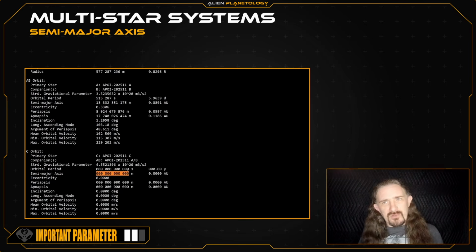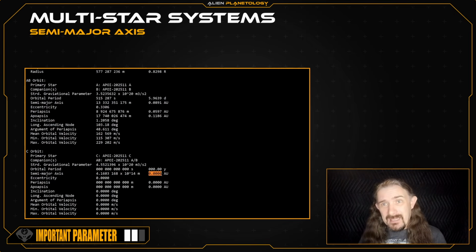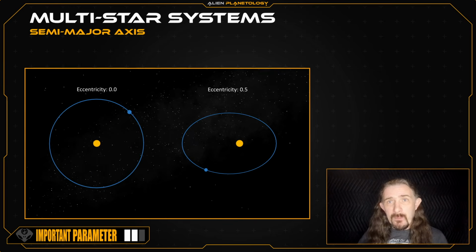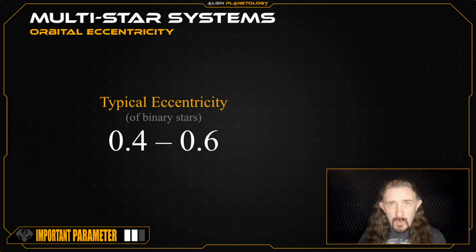I'm going to give my third star a very realistic and stable semi-major axis value of 2,781 astronomical units. As before, the next parameter that we must define is the new star's eccentricity, which, just as with binary stars, is usually between 0.4 and 0.6.